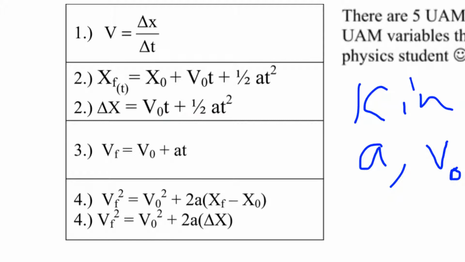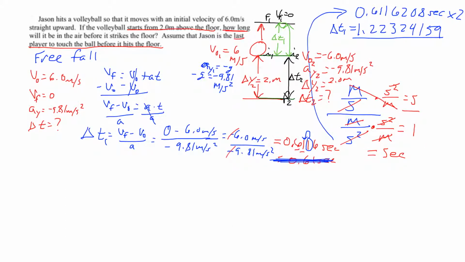Now, there is a way around this. We're not always going to have a way out, but we do actually have a way out this time. We could find the other missing UAM variable. Like I said, we have these three, and they're asking us to find time.